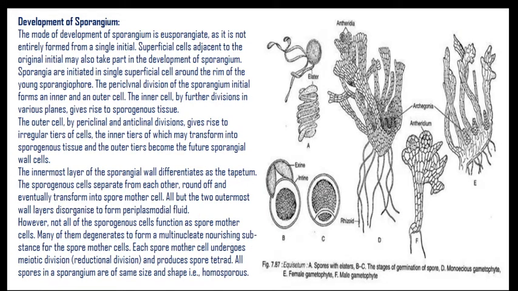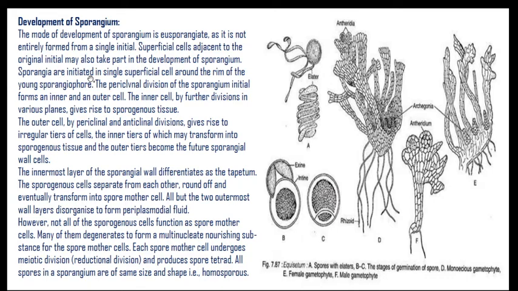Now let us come towards the development of a sporangium. The mode of development of a sporangium is eusporangiate, meaning true, as it is not entirely formed from a single initial, but superficial cells adjacent to the original initial may also take part in the development of the sporangia.